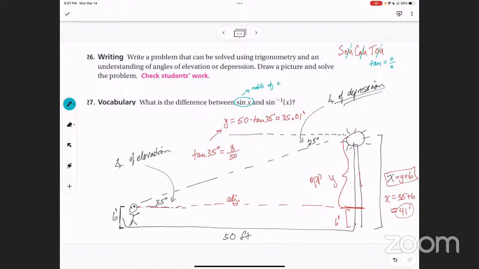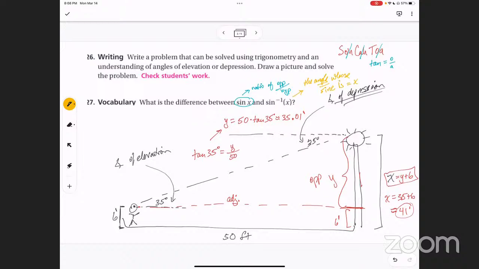It's a ratio of the opposite to the hypotenuse, right? And sine inverse of x is the angle whose sine is equal to x.